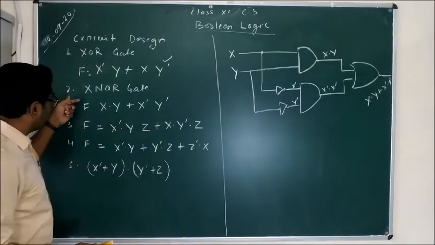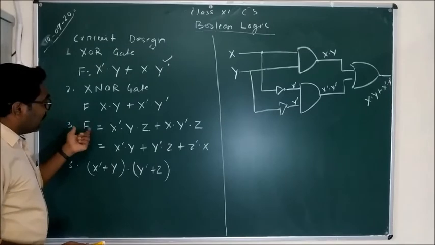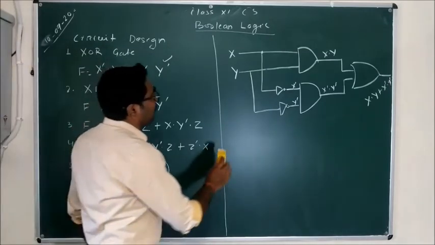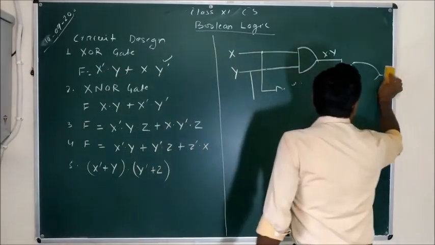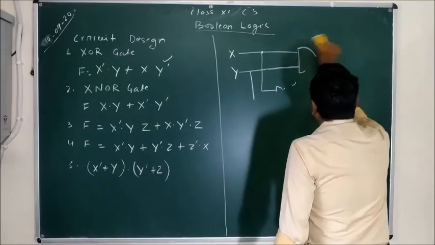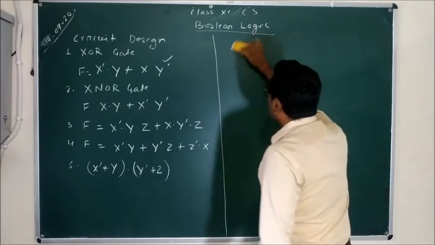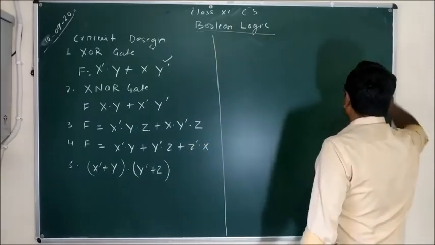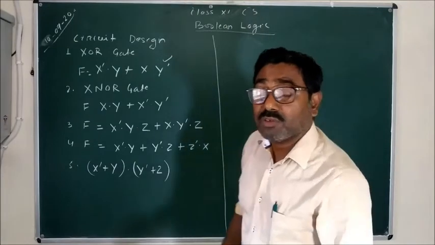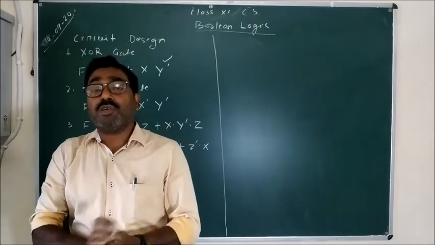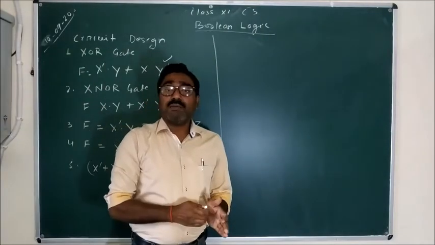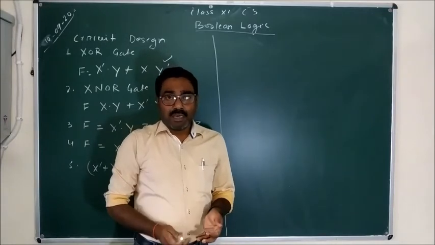Now come to the third expression, having three variables over here. In this case, three variables, as I told you, we can take the input in a horizontal manner as well as the vertical manner. When we are using three inputs or three variables, in that case a better idea is to take the vertical input.